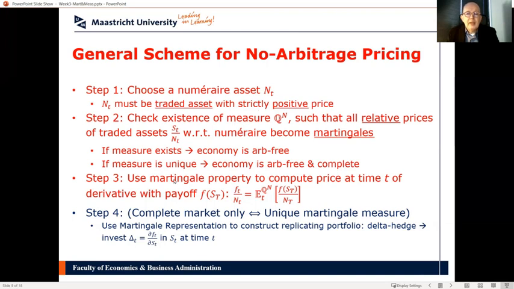If you have found such a martingale measure, and you know that the prices of all other traded assets in the economy divided by the numeraire are martingales, I can then use this martingale property to compute the price of a derivative, the particular payoff.